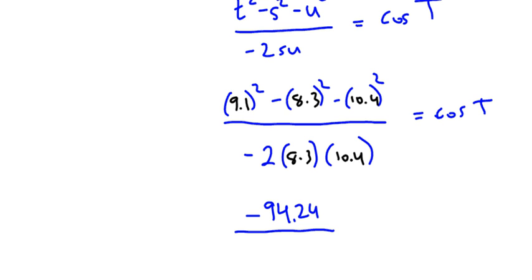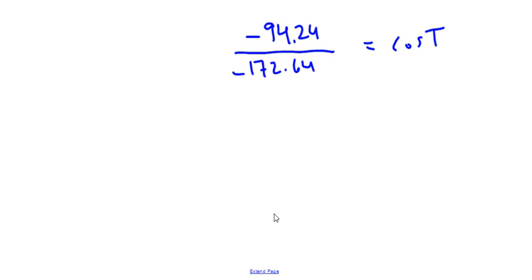And that gives me negative 172.64. And so if I now do that division, so 94.24 divided by 172.64. You'll notice I didn't say the negatives because I know that two negatives will just cancel each other out. So why waste two extra buttons on my calculator?